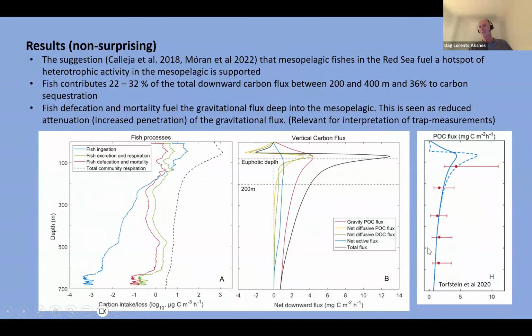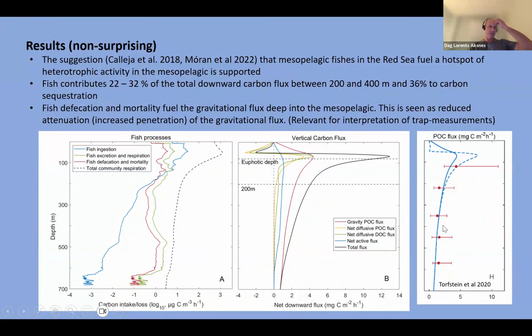Here we can see the trap measurements in the Red Sea. The observations are the red points here. The attenuation is quite low, and actually it appears negative from this step to this step, and this is for several of the measurements there, which can be explained by fueling from the mesopelagic fishes into the gravitational flux.